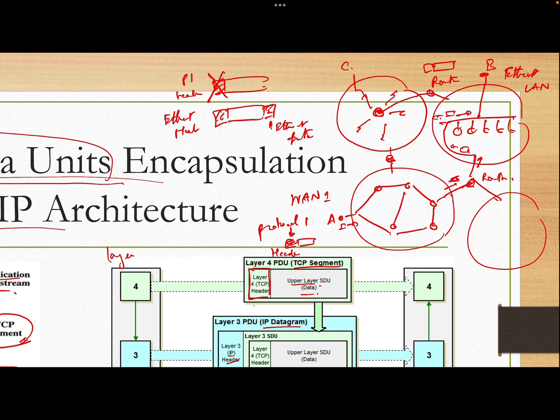This one gets the packet, like an Ethernet packet, from this, and it has to send here, so it will change the packet. Suppose you want to send to C. You take this out and put the new protocol 3 header over here. But your data are still the same.